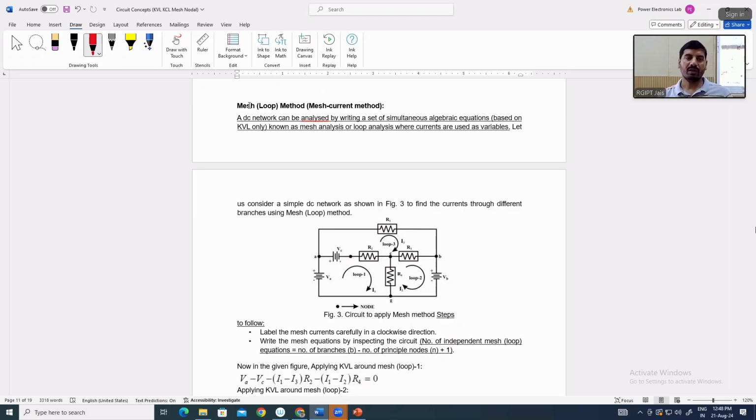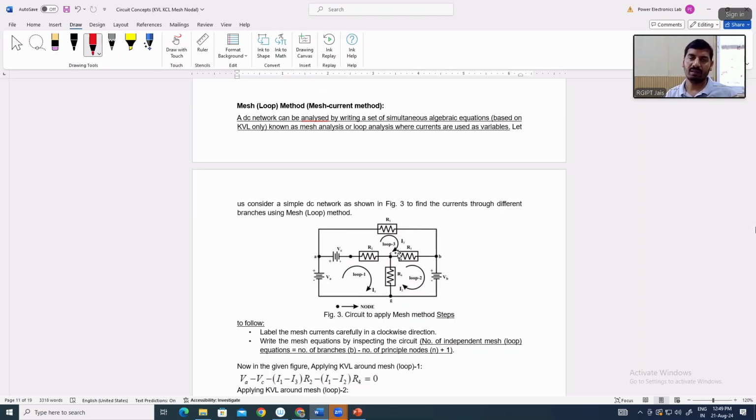So you have to identify the current flowing in the loop. In figure 3 you can see that the current flowing in loop 1 is defined as I1, the current in loop 2 is I2, and the current in loop 3 is I3. The direction of current you can assume as per your choice.